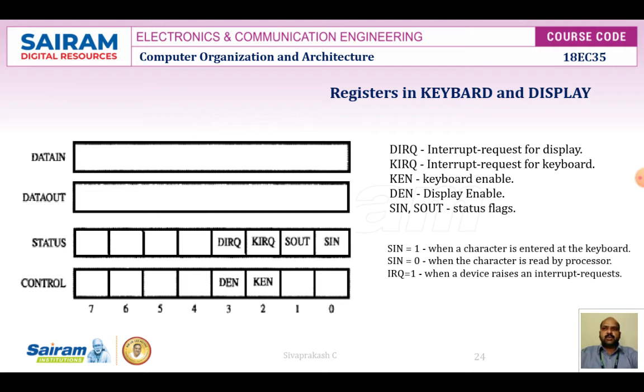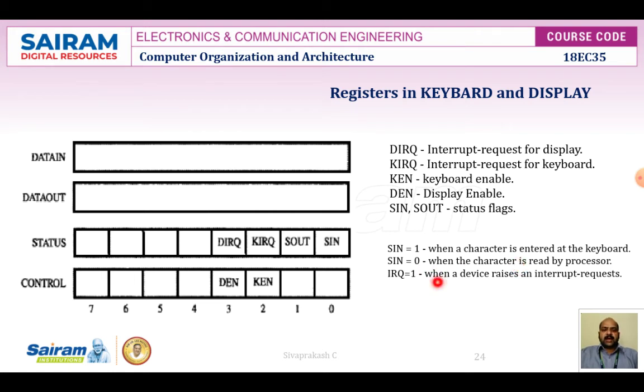For an input device, the SIN status flag is 1 when a character is entered into the keyboard, whereas SIN is 0 when the character is read by the processor.